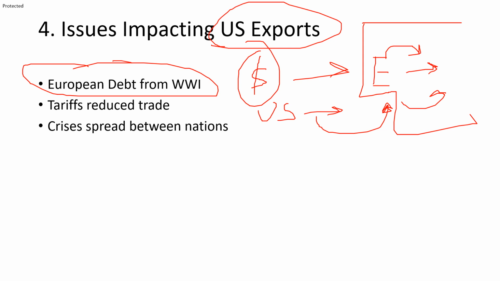Additionally, as trade barriers went up, many countries found themselves unable to make payments on loans they had taken from the US, leading to defaults. So European countries defaulted because they couldn't earn enough dollars to pay off the US.